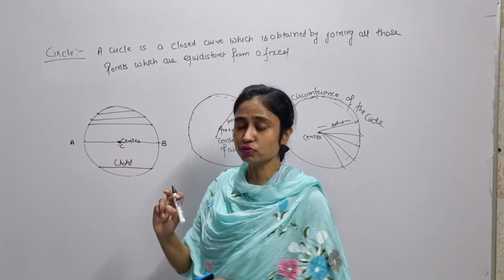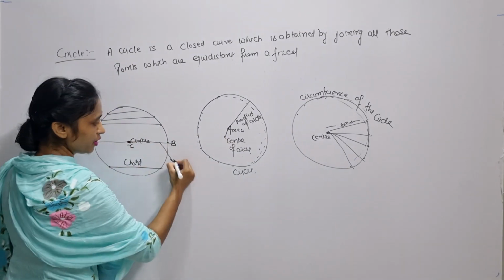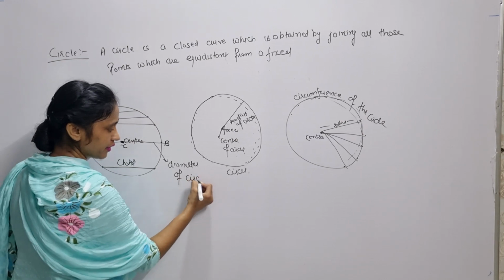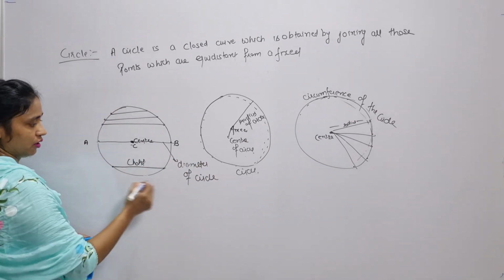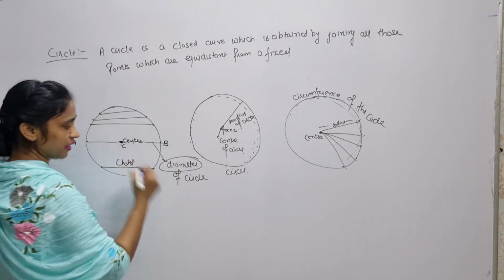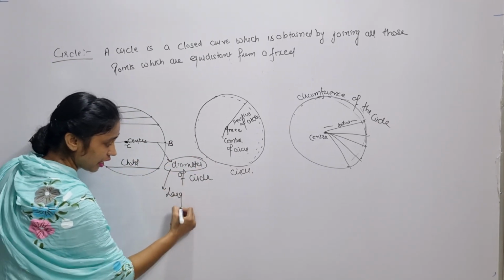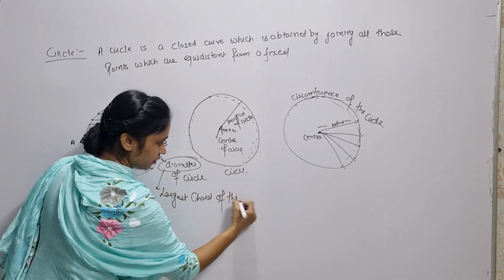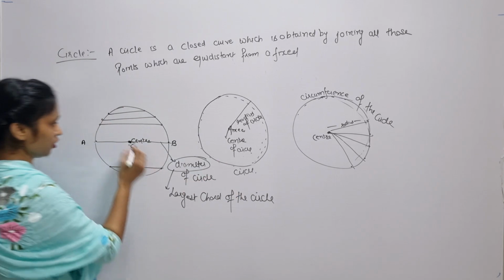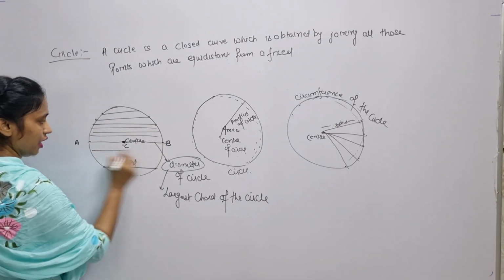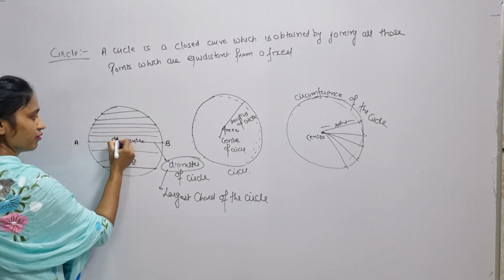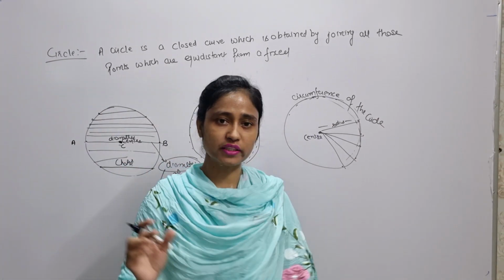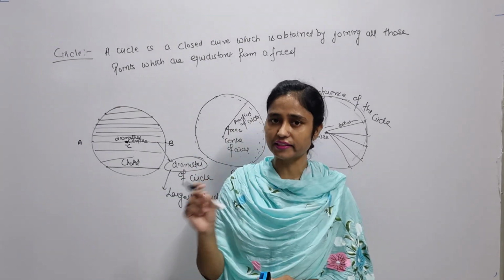So this type of chord is said to be the diameter of the circle. And you should know that the diameter of the circle is the largest chord of the circle. You can draw a number of chords over there, but this diameter will be the largest chord of the circle. So there is a relationship between the radius and diameter.